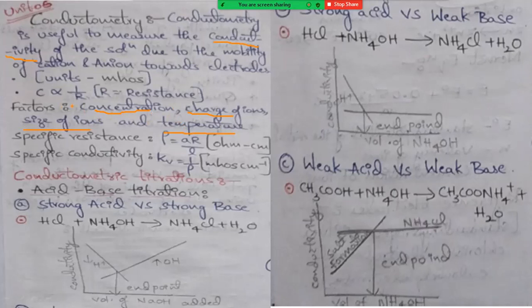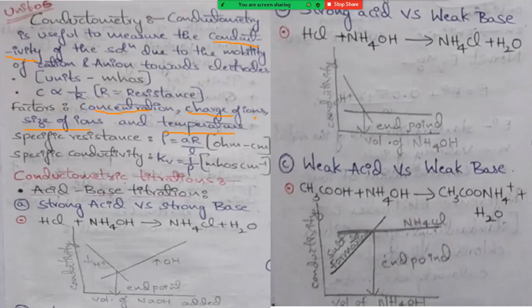If the sample solution has higher concentration, that means more ions present in the solution, then we can see more mobility in the solution, so that more conductivity will be produced. It is completely depending upon mobility.